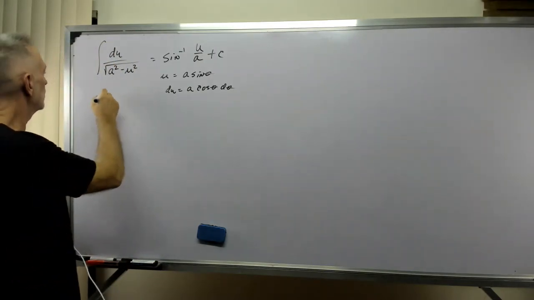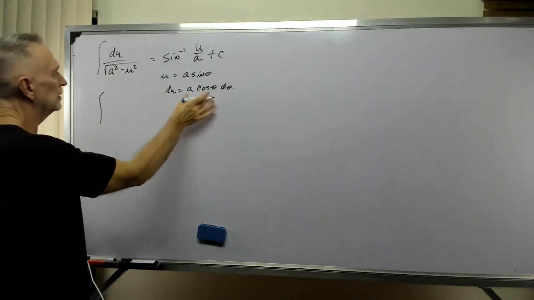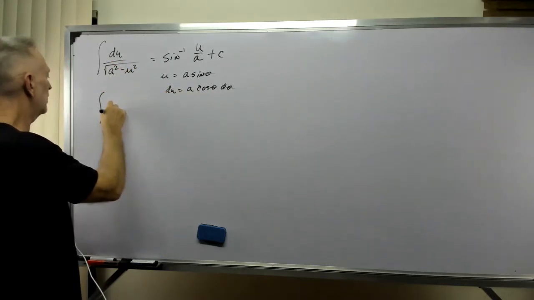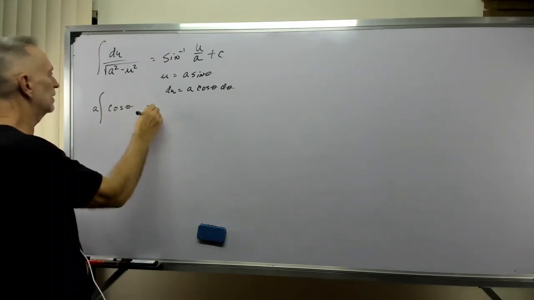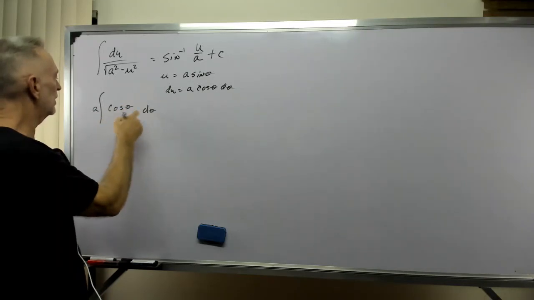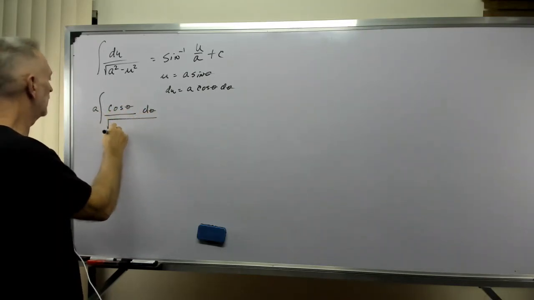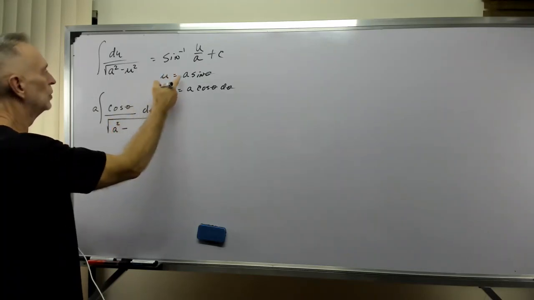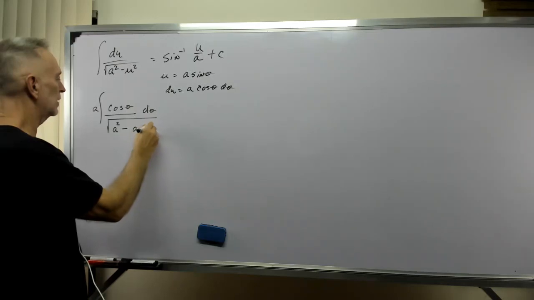Let's do a little substitution here. du is a cosine theta d theta. I'm going to put the a outside. So a cosine theta d theta over the square root of a squared minus u squared, where u is a sine theta.